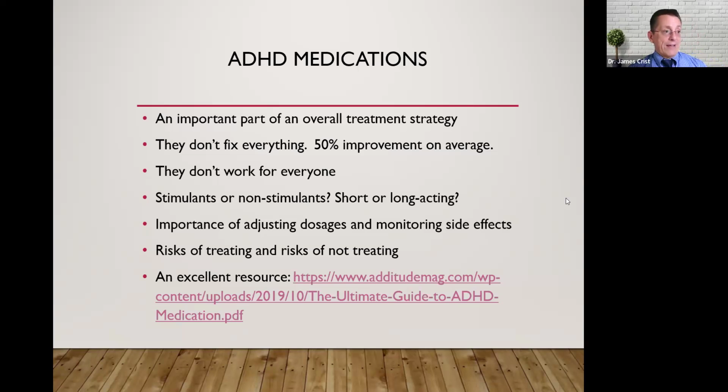Yeah, medications can have side effects, even though the stimulants have been around for like 50 years. So they're actually one of the medicines we know the most about. But there's also risks of not treating. So if you choose not to treat your child with medication when they really need it, and they have more problems with peer relations, with academics, with trouble with the law, drug and alcohol use because of that impulsivity, there are risks of not treating as well. So you need to think about that also.